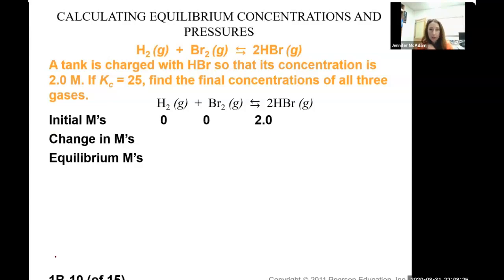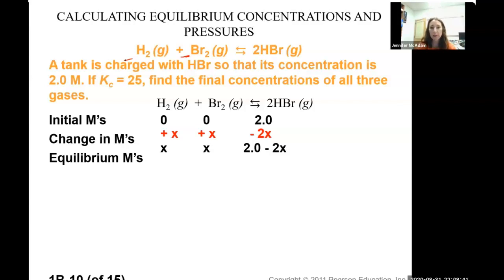0, 0, 2 is going to go down by 2x, right? And the reason it's a 2 is because of this 2. The others are going to be 1s because there's nothing here. And then we have x, x, and 2 minus 2x.